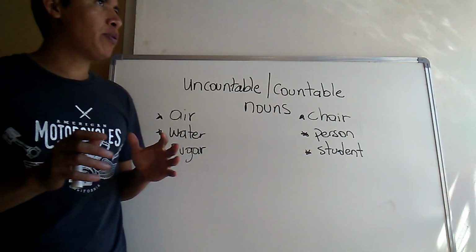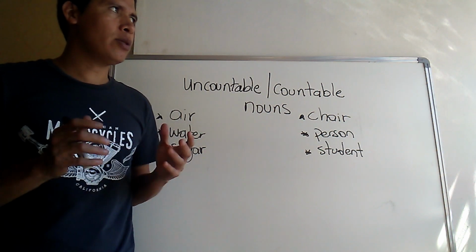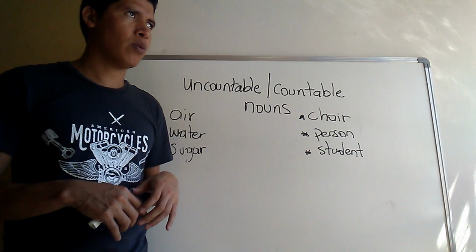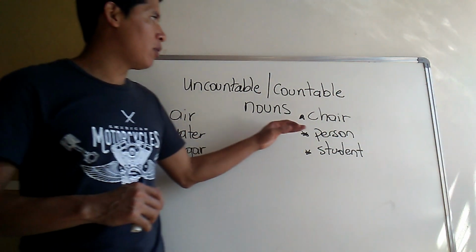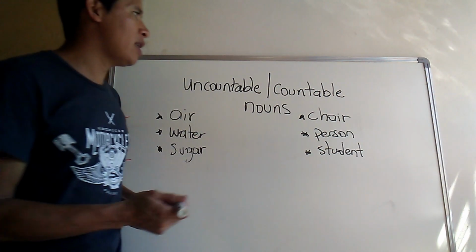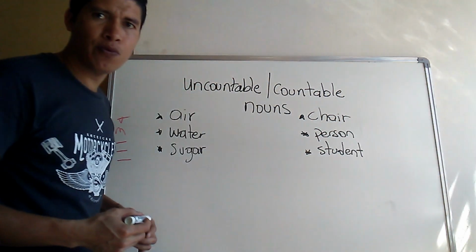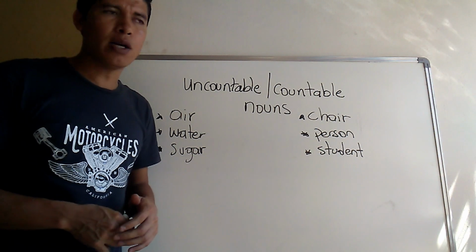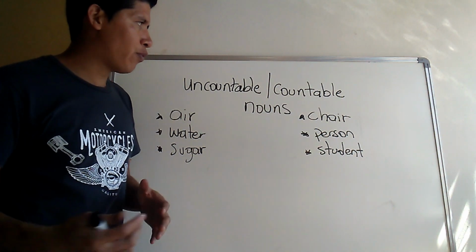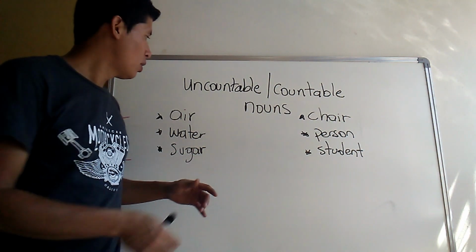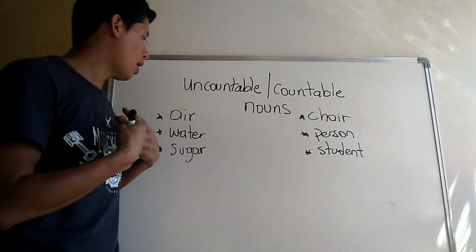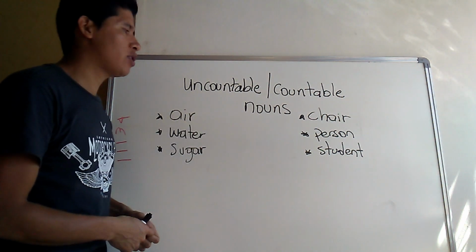Another important thing to understand about uncountable and countable nouns is that with countable nouns I am going to use the s and the pluralization form. With uncountable nouns, I can't use the pluralization.